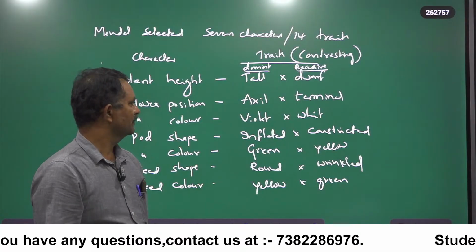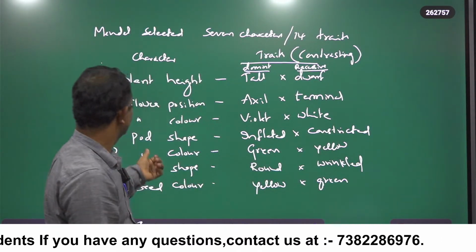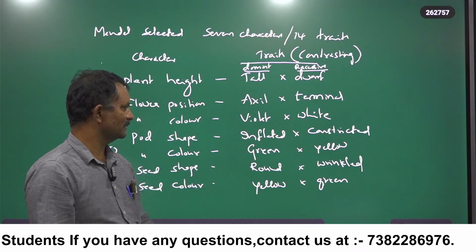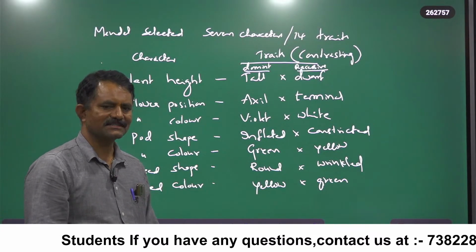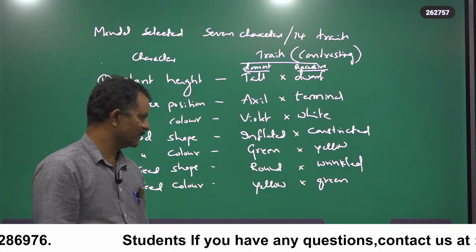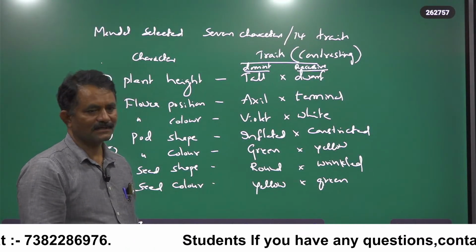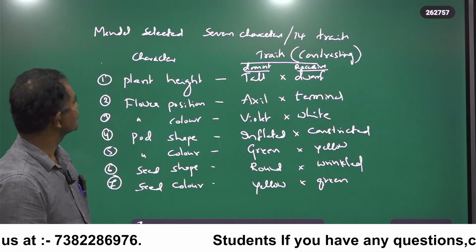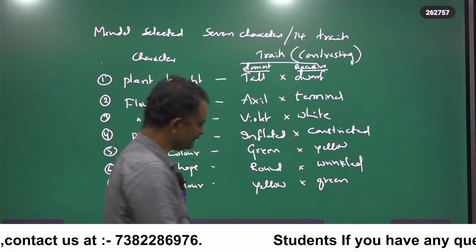Flower color, violet is the dominant, white is the recessive. Pod shape, inflated is the dominant, constricted is the recessive. Pod color, green is dominant, yellow is recessive. Seed shape, round is the dominant, wrinkled is the recessive. Seed color, yellow is the dominant and green is the recessive. So these are the 7 characters selected by Mendel.